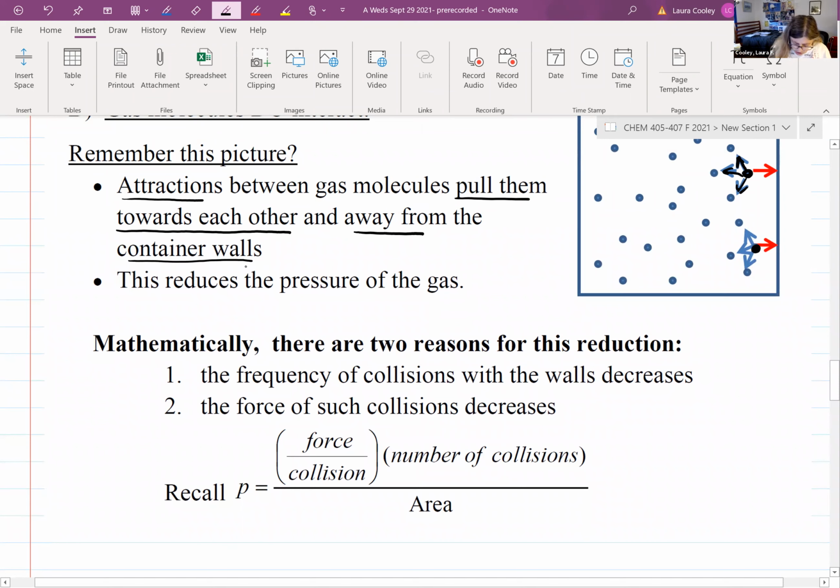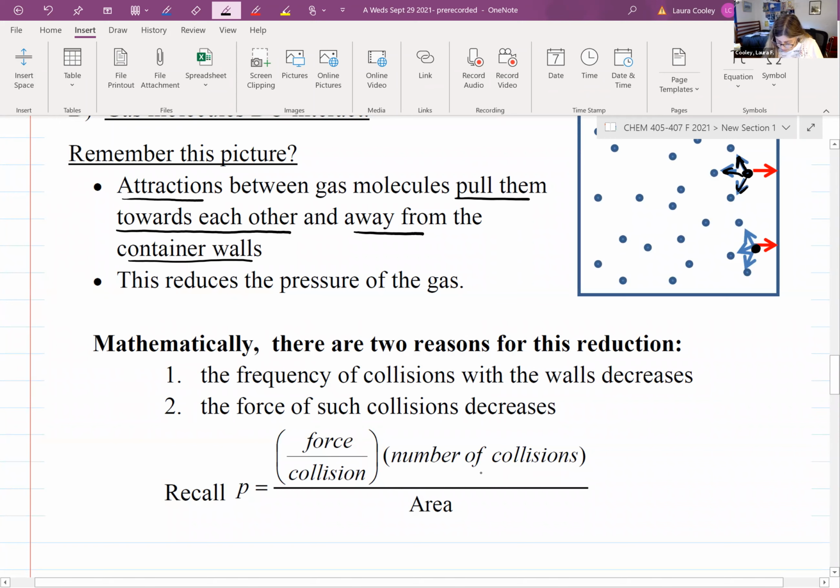So the question is, what does this pressure reduction depend on? Well, actually, first, what does the pressure depend on? Let's just look at that. I talked about this when we did the kinetic theory, and the pressure depends on the frequency of collisions and the force of collisions.